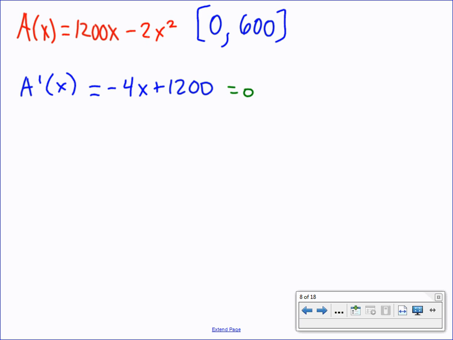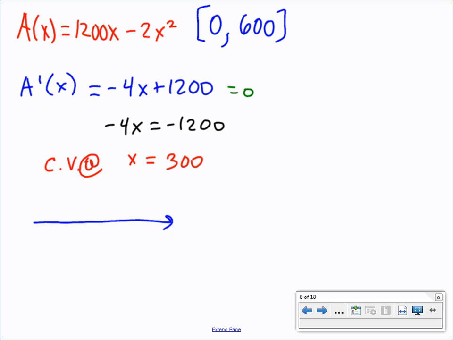No. Are there any values of x for which A prime equals 0? Well, let's solve. I get negative 4x equals negative 1,200. Dividing both sides by negative 4 produces a critical value at x equals 300. You guys got that? 300? Awesome.